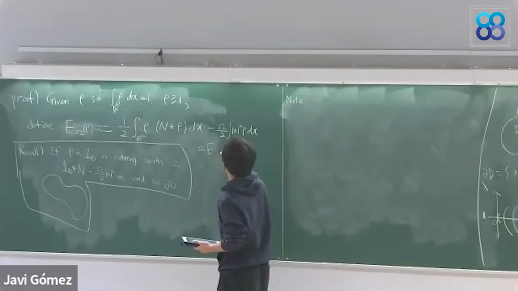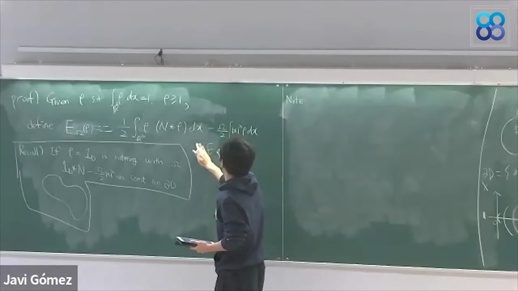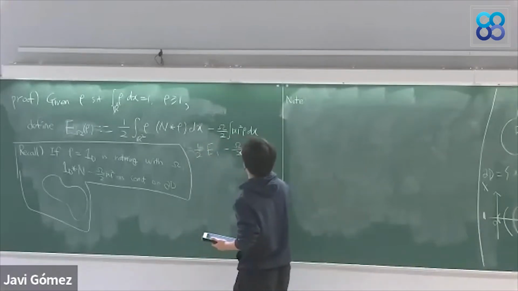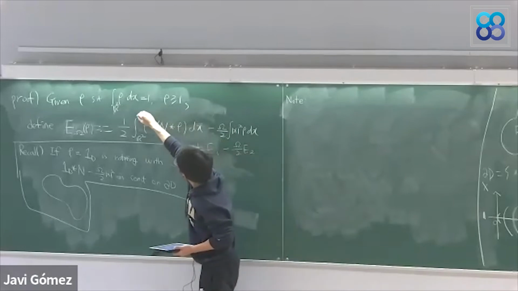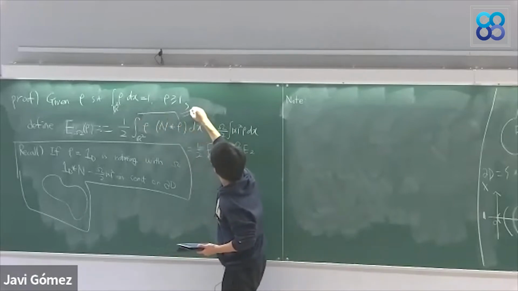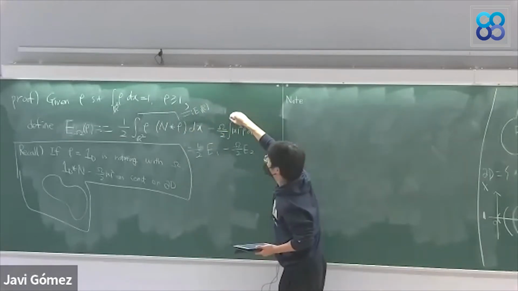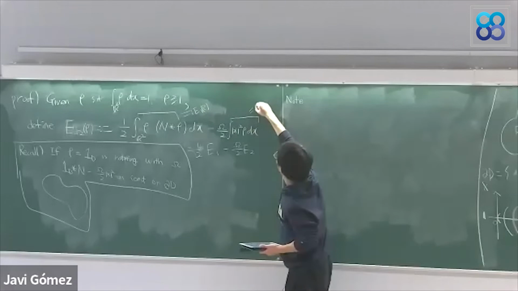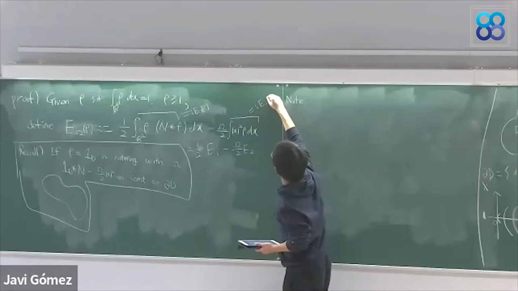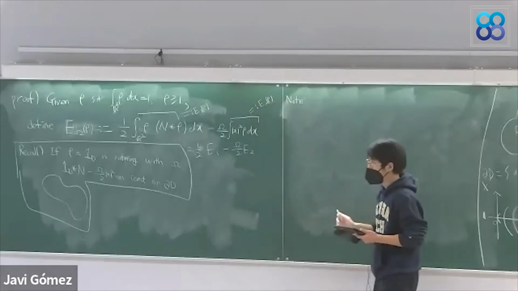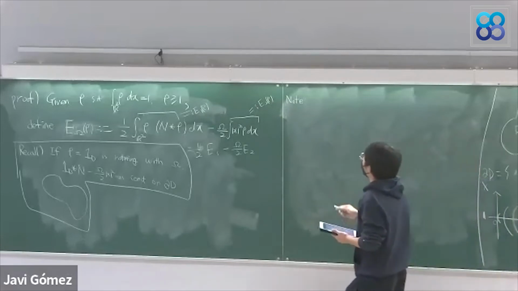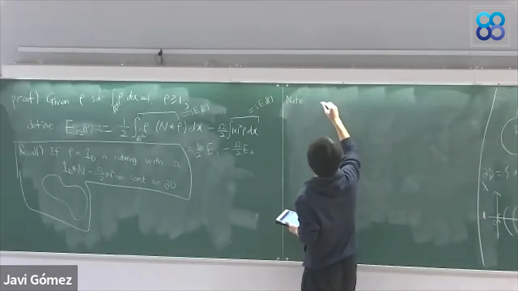The convolution part will be denoted by E1 of rho, and the second moment is denoted separately. This is a classical result.